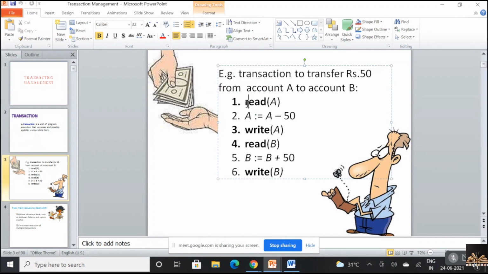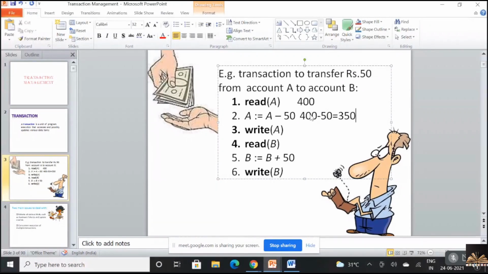In order to do that, I'm trying to read the database item A. Once you see that there is enough amount, I do A = A - 50. Here I had around 400, so the modified value of A would be 400 - 50 = 350.